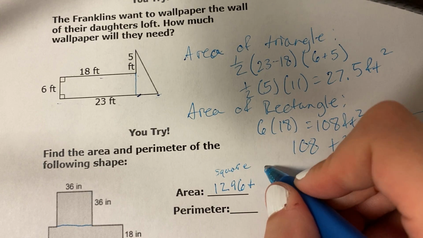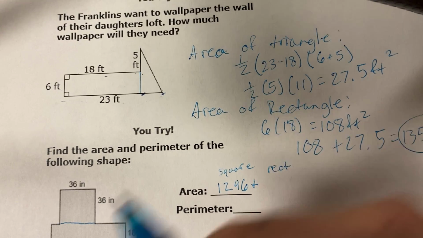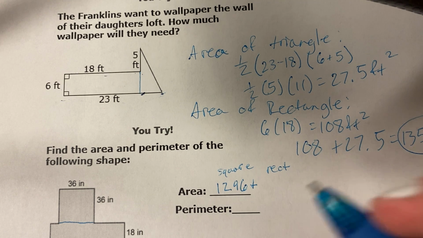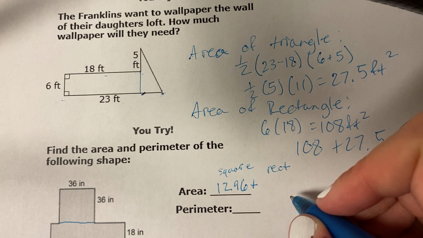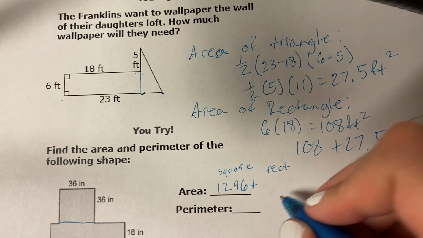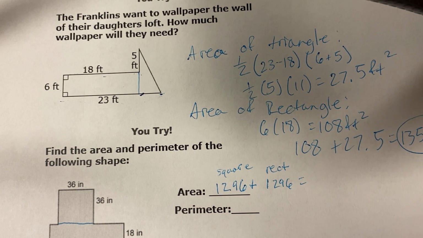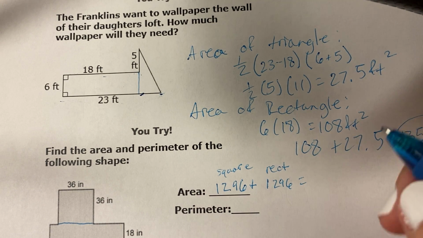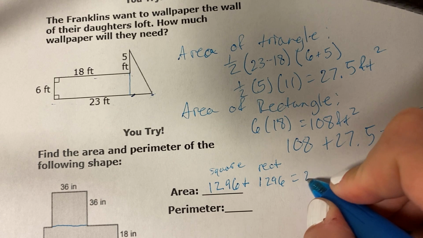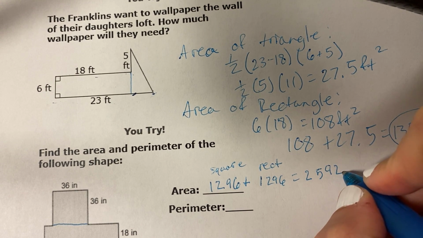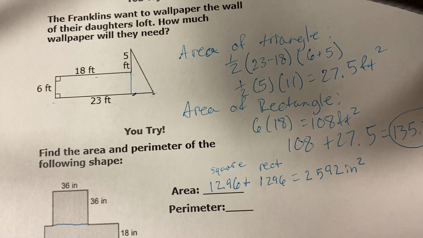And then our rectangle is 72 times 18, which is also 1,296. Would you look at that? So 2,592 inches squared is my area.